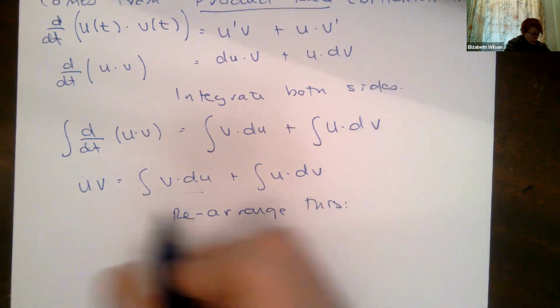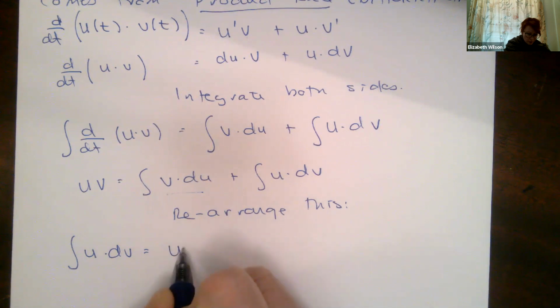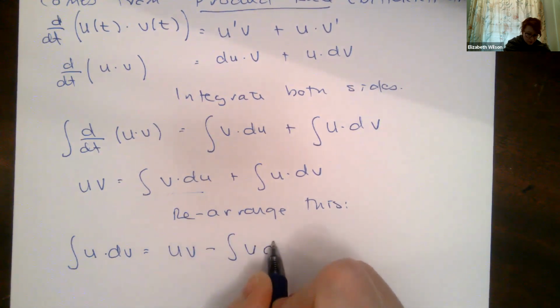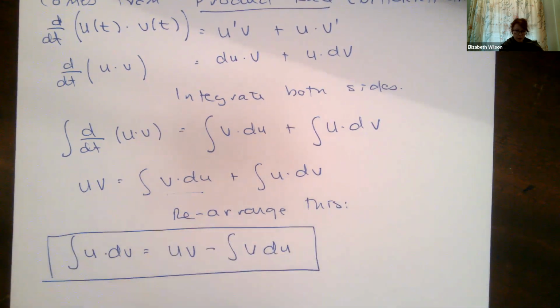So basically we get the integral of u times dv equals uv minus, oops, sorry, the integral of v times du. This is what we're given in our function, and these are the bits we're solving for that we can then use to solve for this part right here. Okay, so this is our integration by parts equation.